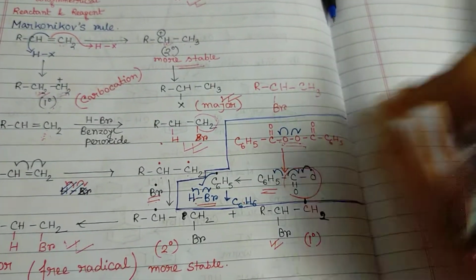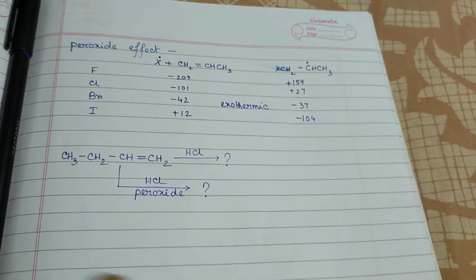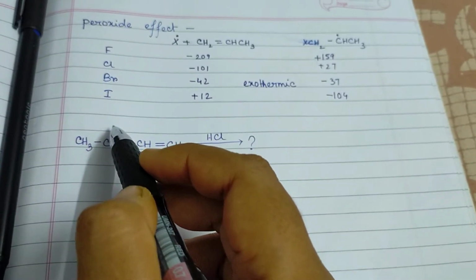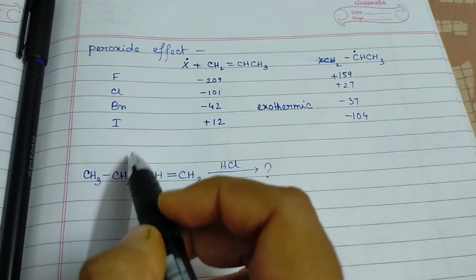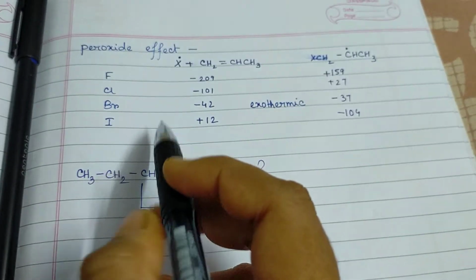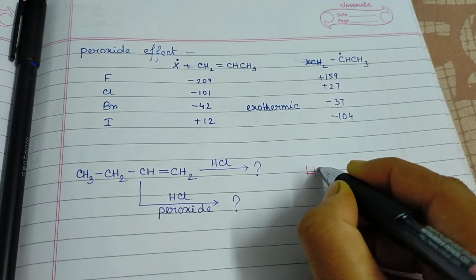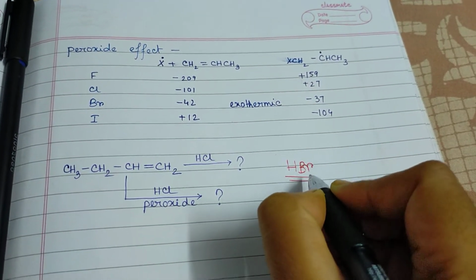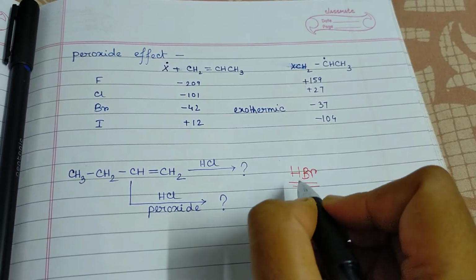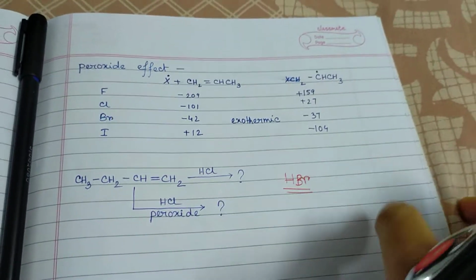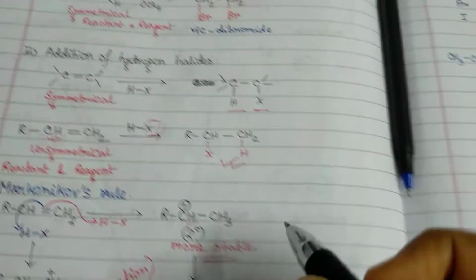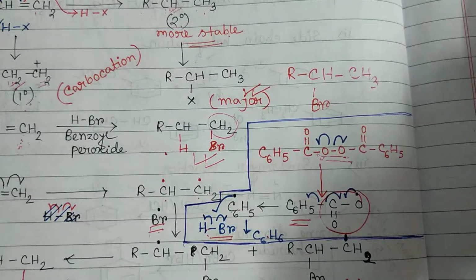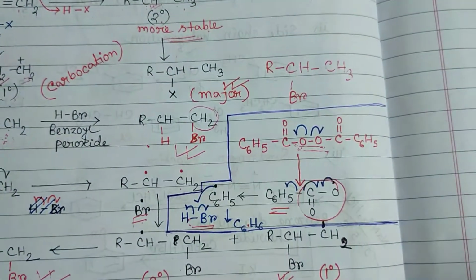Let us see what will happen if we take the halogen acid as HF, HCl, HBr and HI. Interestingly, only HBr shows the peroxide effect. That means when the reagent is HBr, one time there will be a product of more stability by carbocation, and the other time, in the presence of peroxide, there will be a product with more stability of free radical.